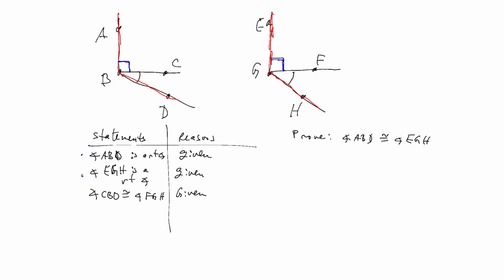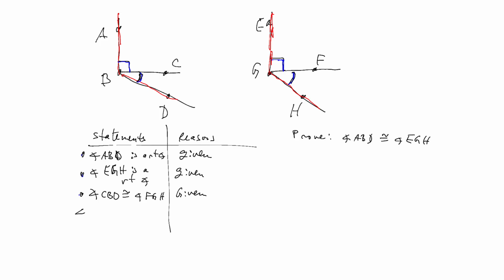And it's also given that these acute angles, CBD, is congruent to FGH. Imagine CBD and FGH are each 30 degrees, then of course the big angle is going to be 120 for each of them. But the way we write this up as a geometric proof is we know about these 2 acute angles, and we know that the other 2 are right angles, but we're going to add these together, but not yet.